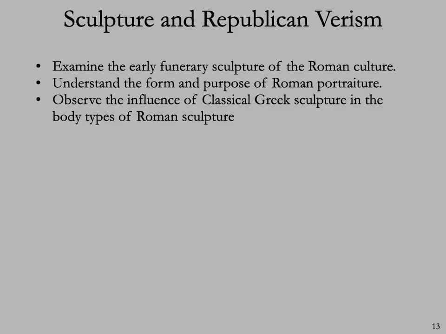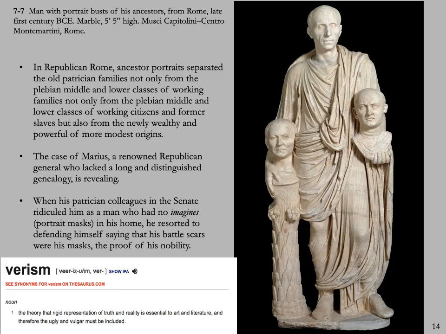If we look into the sculpture of the time, the Republican era of Rome, let's look at one to start here. What is this all about? What is sculpture all about in Roman era? We talked a lot last week about the Etruscans versus the Greeks.